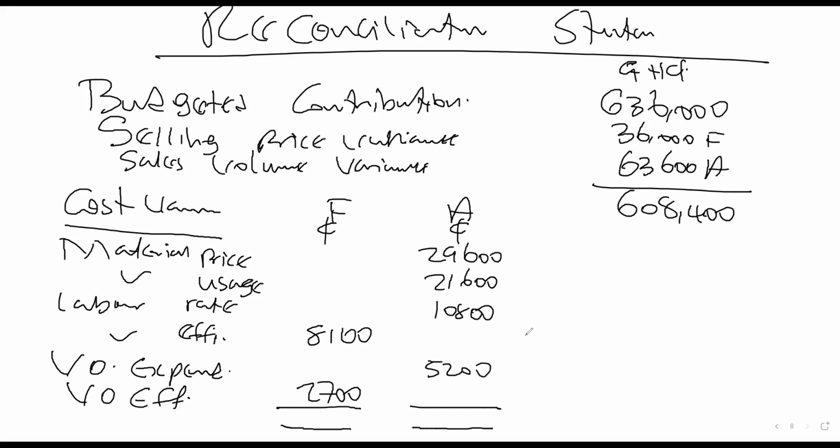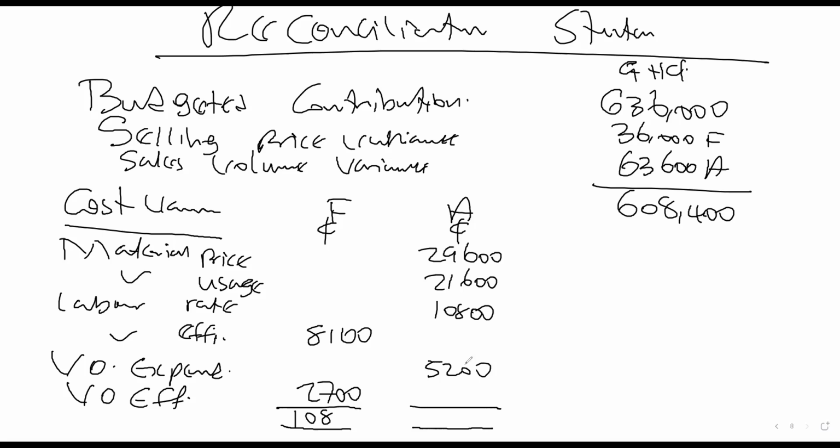All the adverse on one side, all the favorable on the other. Your favorable is 10,800.